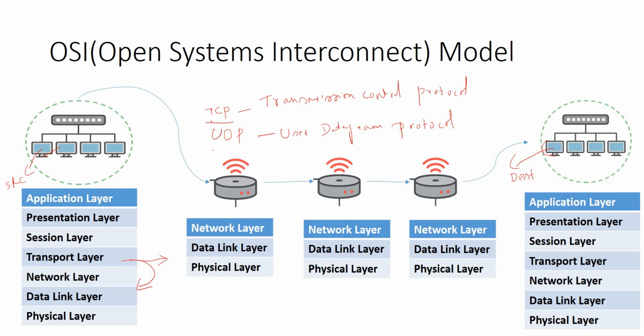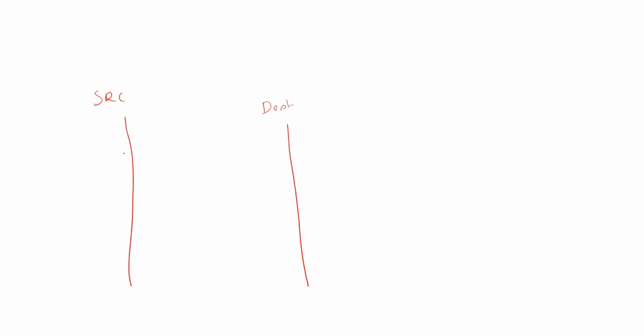It is connection oriented. That means it establishes the connection between the source application and the destination application before the actual transmission of data. So let us see how the connection is established from the source application to the destination application. So initially the source will send a connection establishment request to the destination application, which is a synchronized request. Then the server or destination will send an acknowledgement to the source, which is SYN acknowledgement.